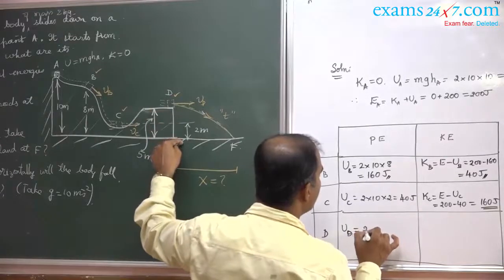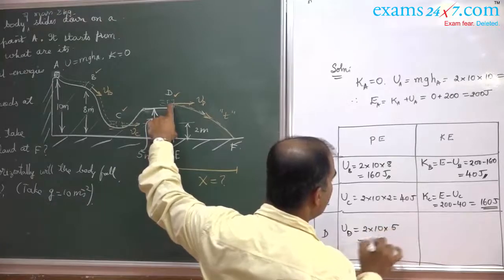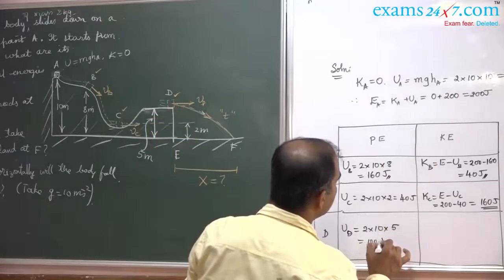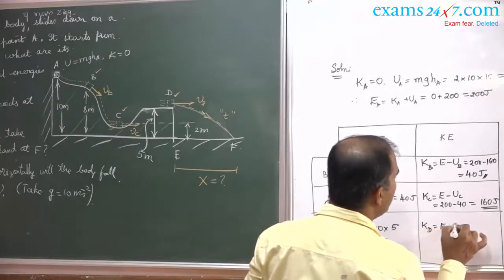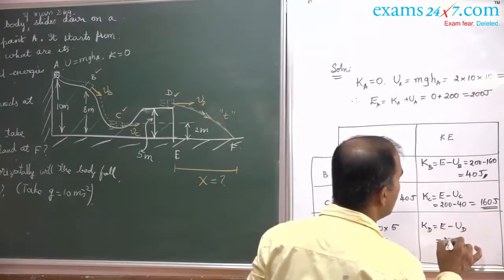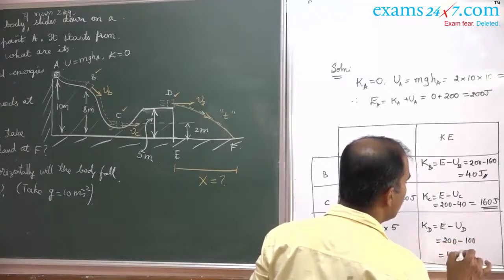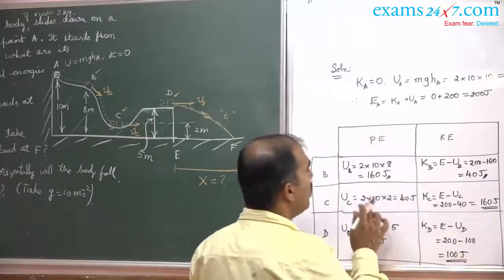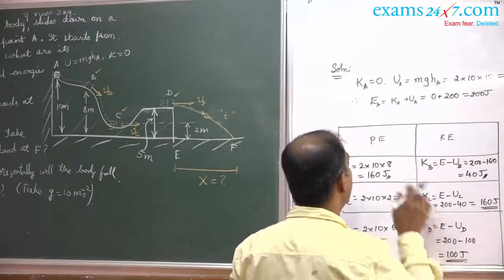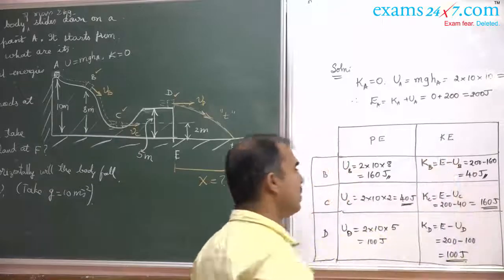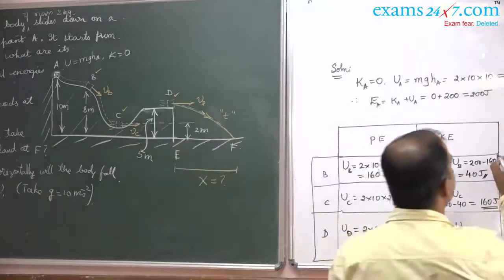M is 2, g is 10, h is 5. So you get 100 joule, and then kinetic energy at point D is E minus UD, that is 200 minus 100, so 100 joule. So you can see at all points the total energy, 40 plus 160, 100 plus 100, 160 plus 40, total is 200 joule. So we can also find the speeds at the respective points.